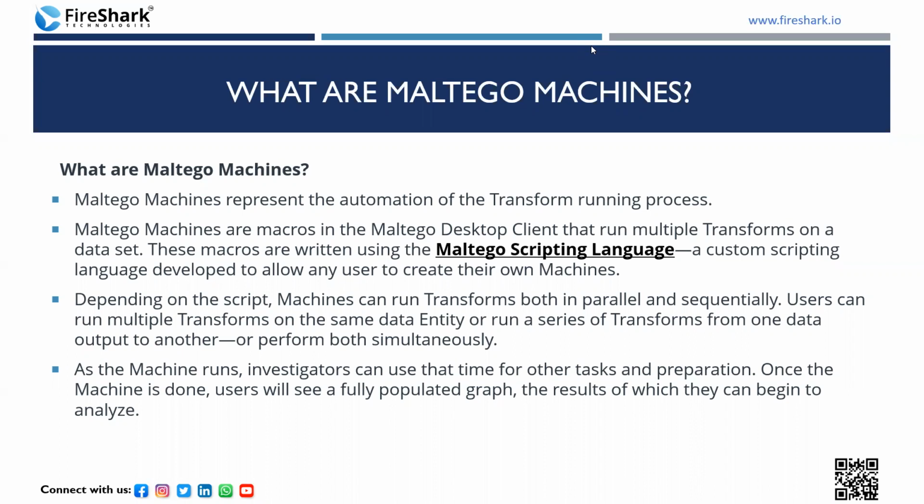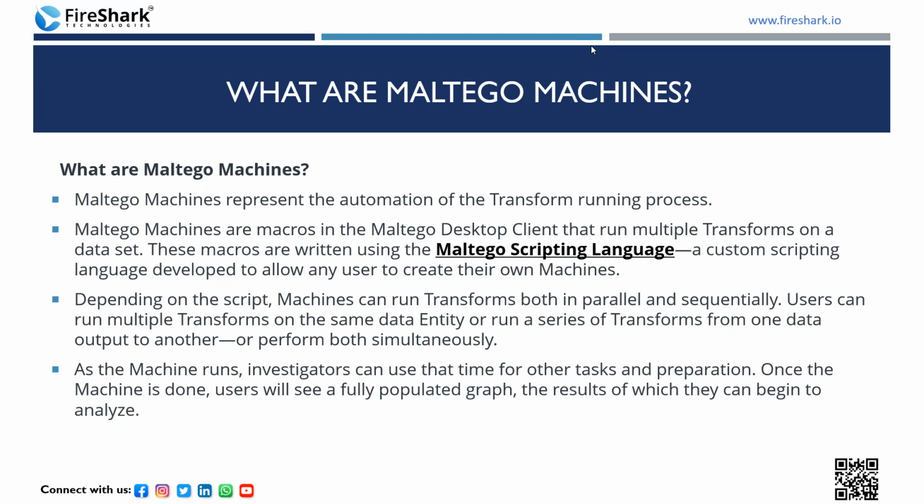Means we can use transforms in parallel or sequentially. In parallel means simultaneously, all the transforms we have applied will work together to extract the information. Sequentially means one by one: when the first transform's work is complete, the second starts, then the third starts. In this way, the user can run multiple transforms on the same data entity, or run a series of transforms from one data output to another, or perform both simultaneously.